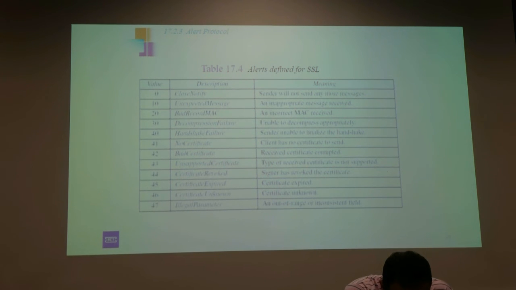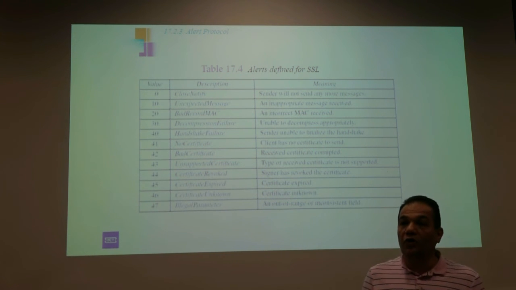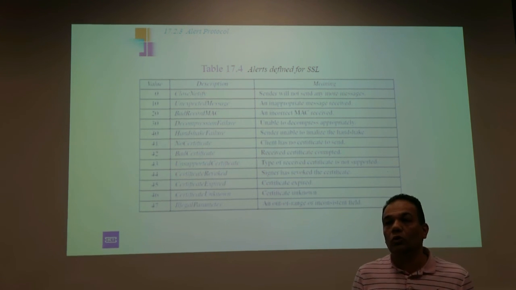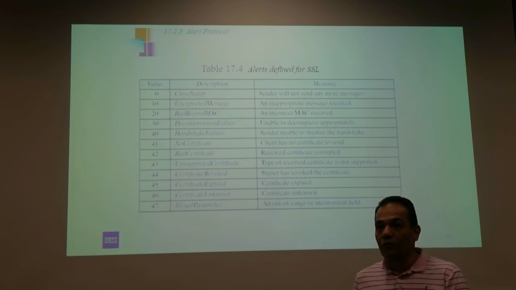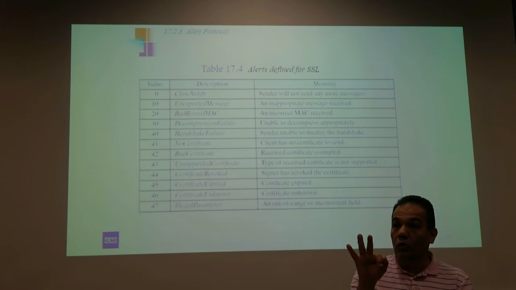Let's take a look at 10, unexpected message. An inappropriate message was received. So this alert goes from who to who? From the client to the server or from the server to the client. So that's the third protocol.